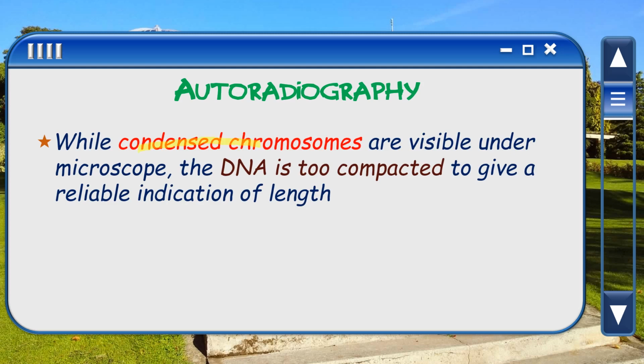While condensed chromosomes are visible under a microscope, DNA is too compacted to give a reliable indication of length. Now we know that chromosomes, when they are going to undergo cell division, become condensed, and therefore become visible under a microscope.